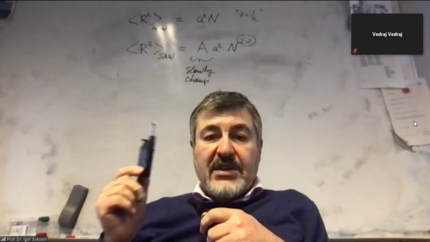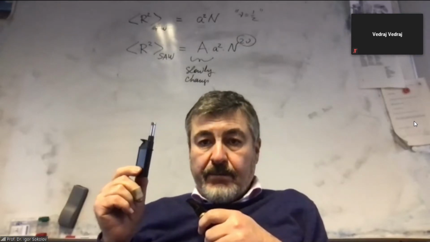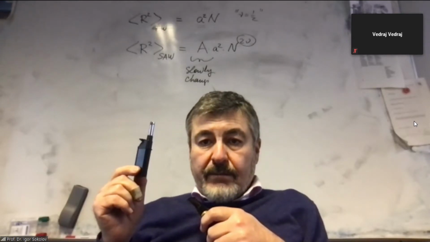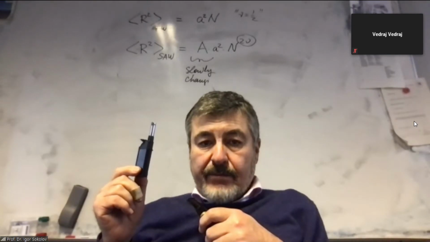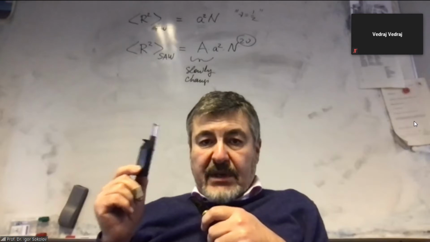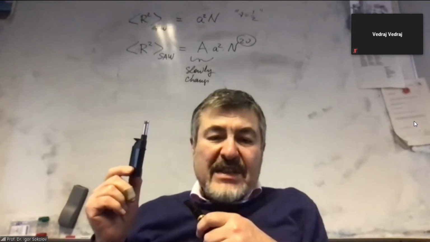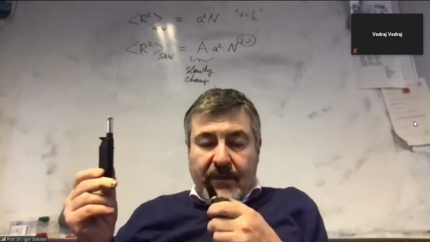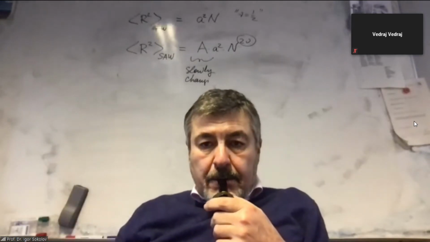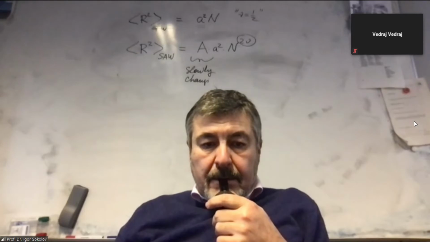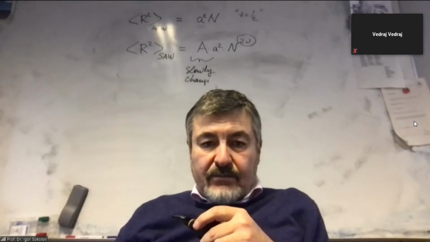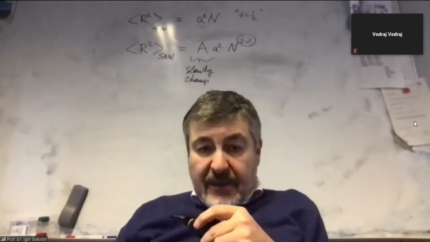What configurations are forbidden? The already occupied cells. But what does it mean? Overlap of the chain. I mean, the configurations which are overlapping on itself are forbidden. This is correct. This is the definition.